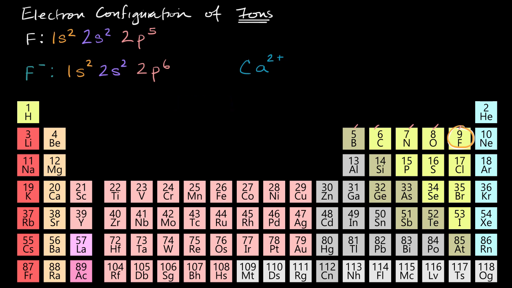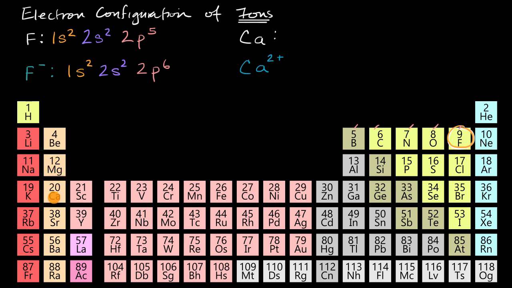All right, well, one way to figure this out is first we could figure out the electron configuration of a neutral calcium atom. And then from that, we can take 2 of the highest energy electrons away. And so neutral calcium, actually let's do it in noble gas configuration.